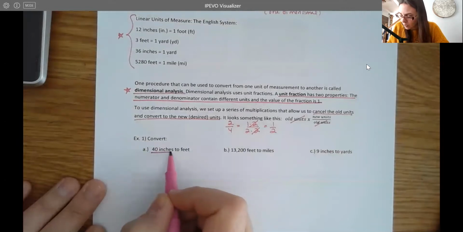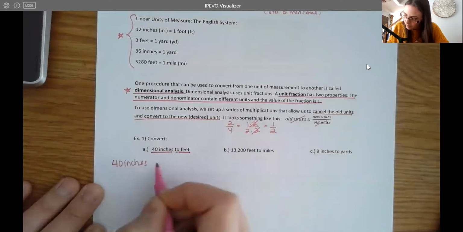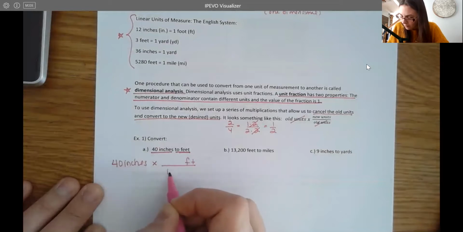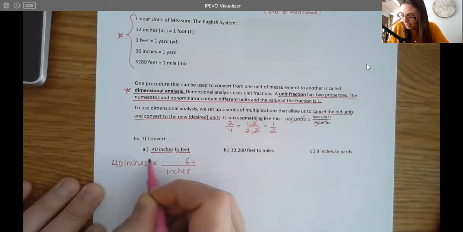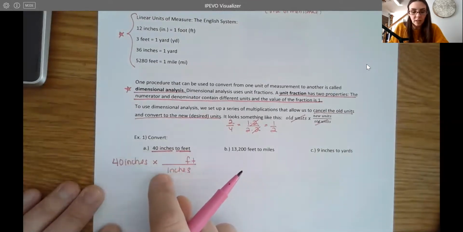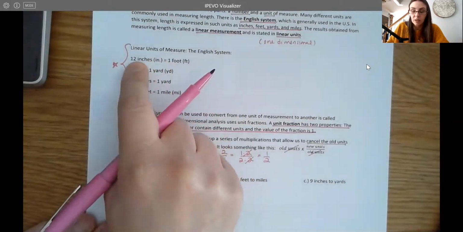We have 40 inches and we're going to 2 feet. I'm starting with 40 inches, and I'm going to multiply. I want to go to feet, and I want to divide by inches so that I can cancel out my inches. This has to be equivalent, so you ask yourself, how many feet to how many inches? Up here, I can see that 1 foot relates to 12 inches.